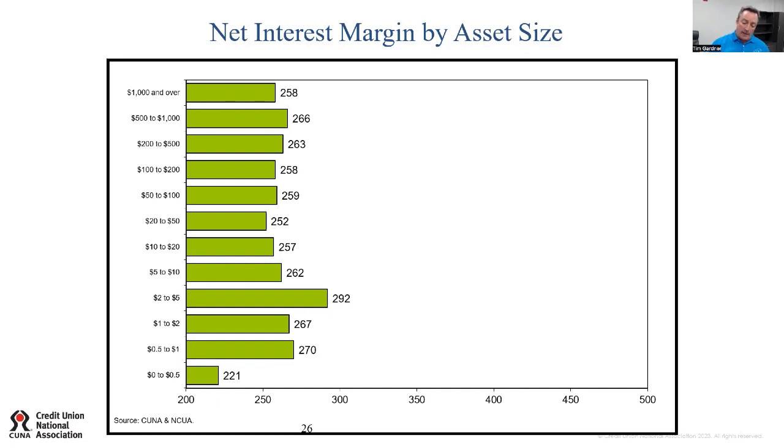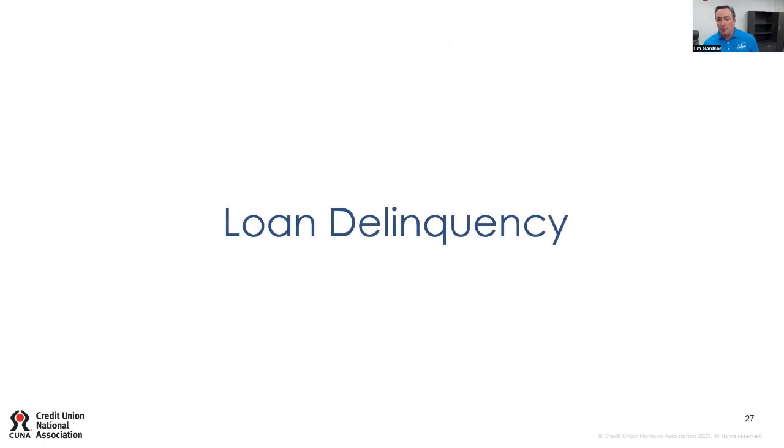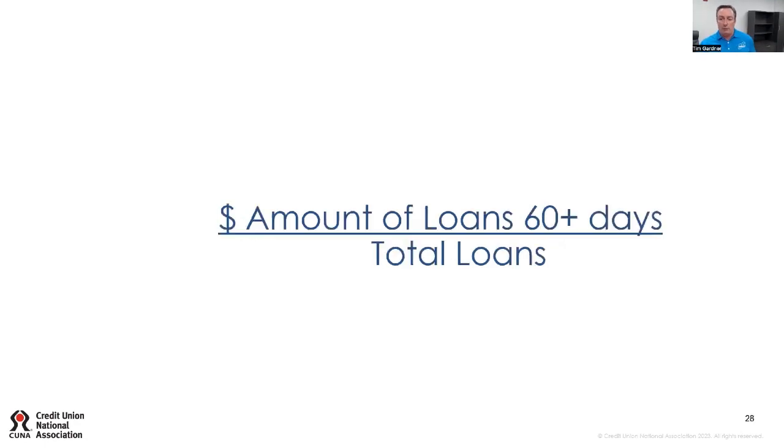Then I want to move back to some balance sheet ratios. So loan delinquencies, and when you calculate delinquencies, we're only looking at loans that are 60 days or more delinquent. Now that's going to be of total loans.